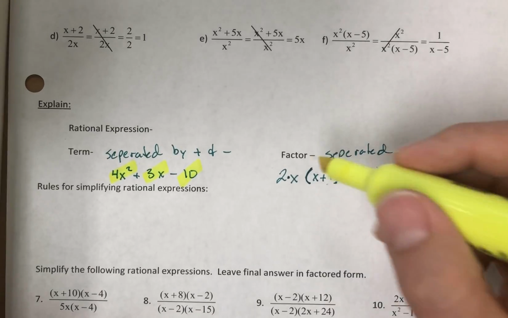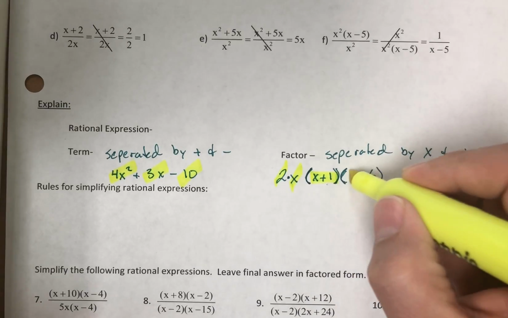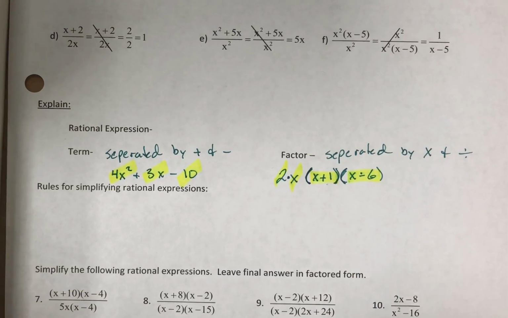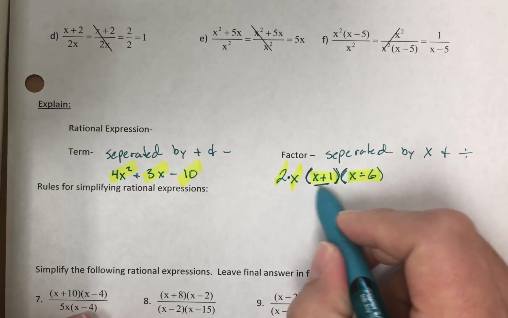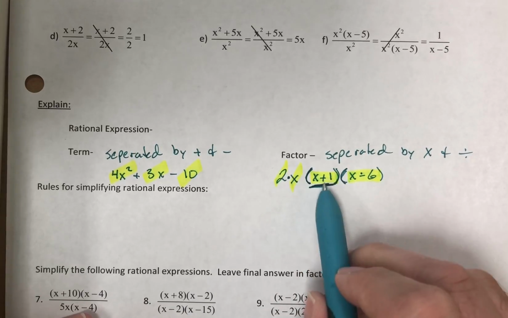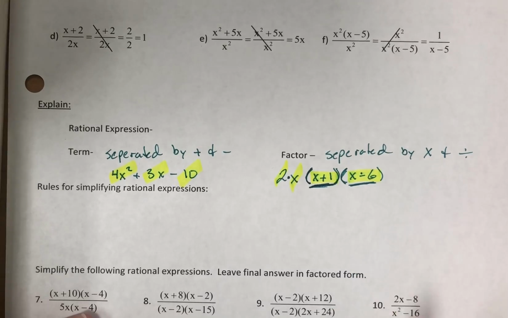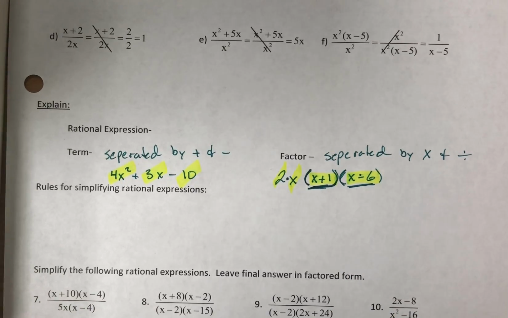So I have 4 factors, a 2, an x plus 1, and an x minus 6. These 2 are the hardest to understand. This entire thing inside parentheses is a factor. This entire thing inside parentheses is also a factor, so keep that in mind.